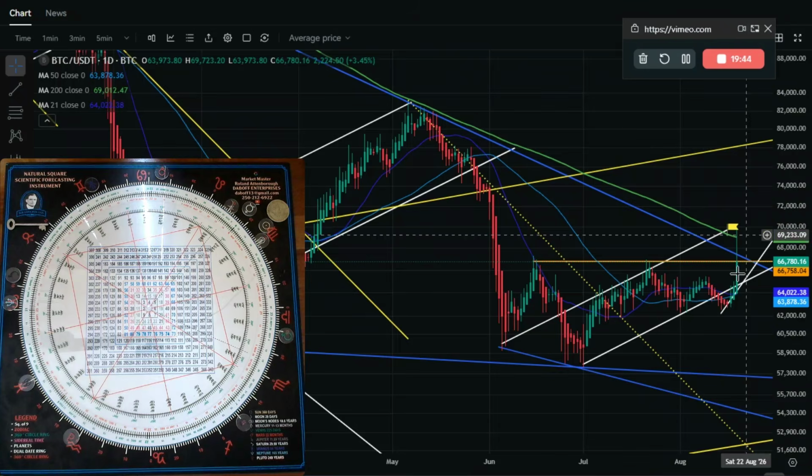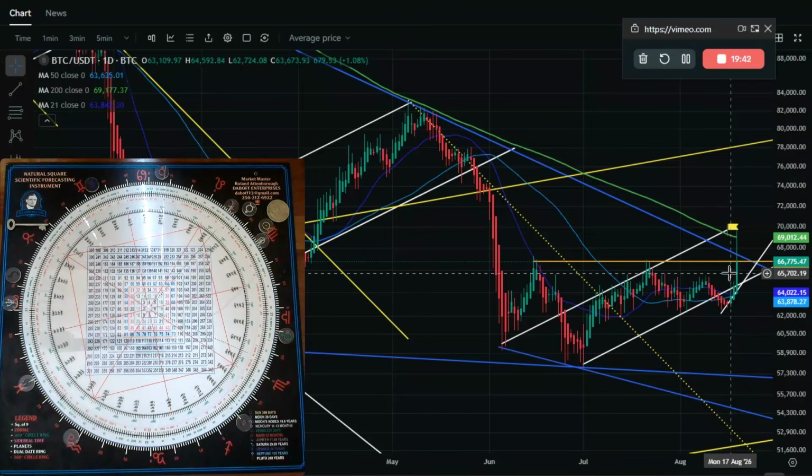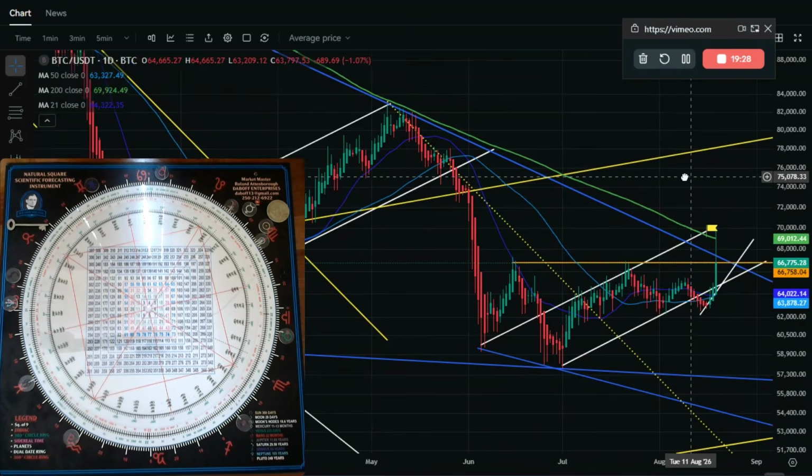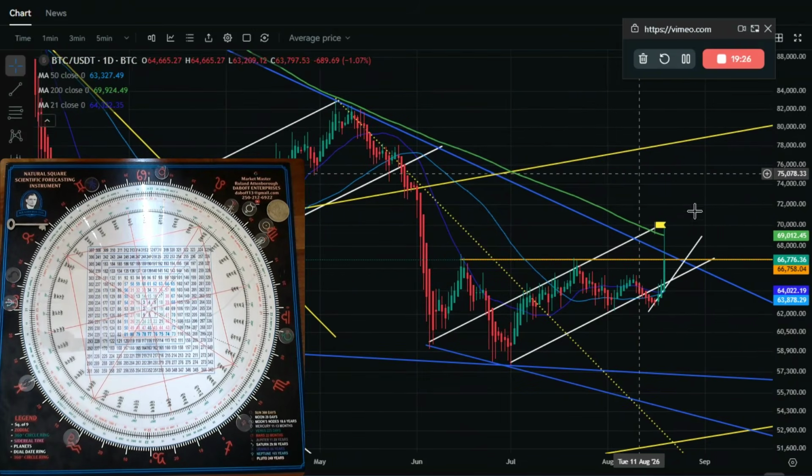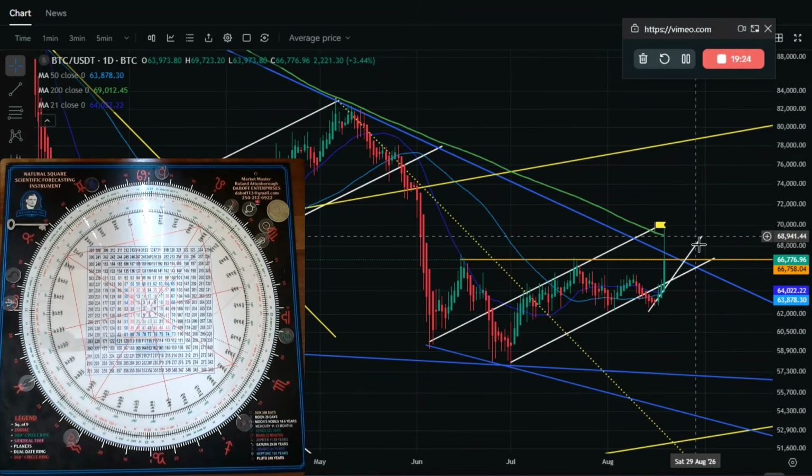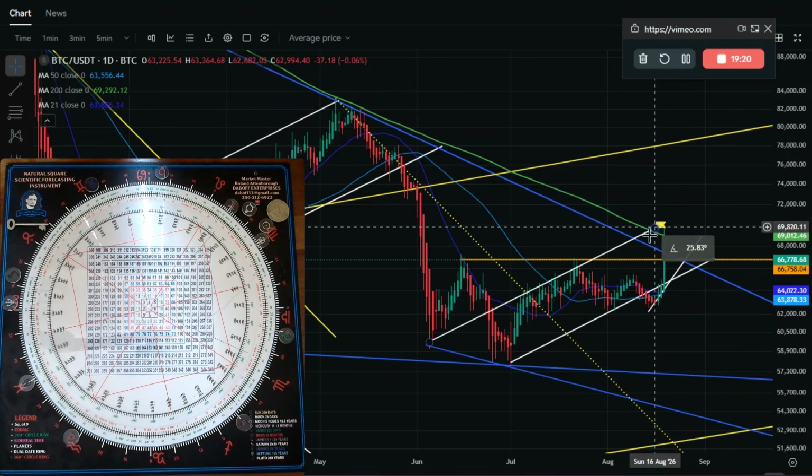Looking at that, we stated that by the 16th to the 18th, we would see this top. And here is our 200 moving average. We talked about this 200 moving average, and I stated that we would probably be seeing this by the late part of August.